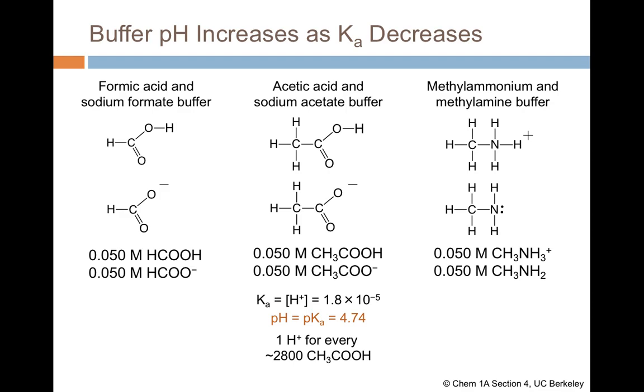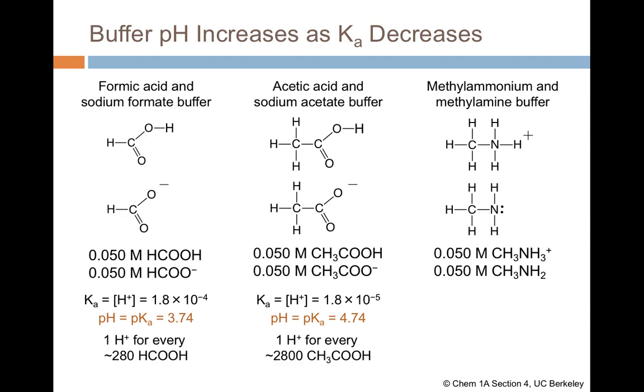If you instead create a buffer solution out of formic acid and its conjugate base formate, well, formic acid has a Ka value of 1.8 times 10 to the negative 4. That is a slightly larger Ka value, and so the pH is buffered at a slightly lower value compared to acetic acid.